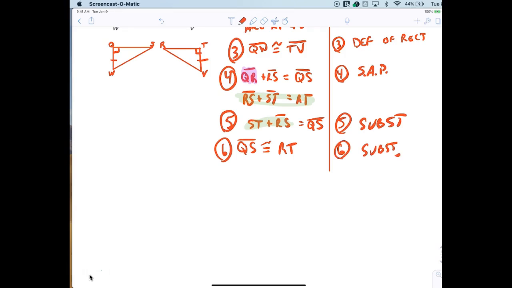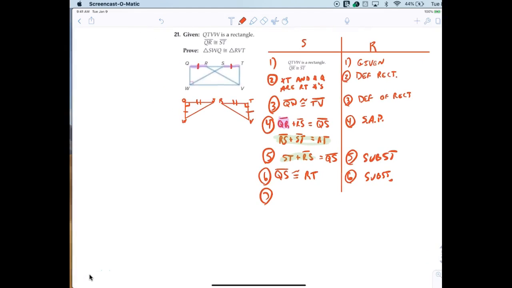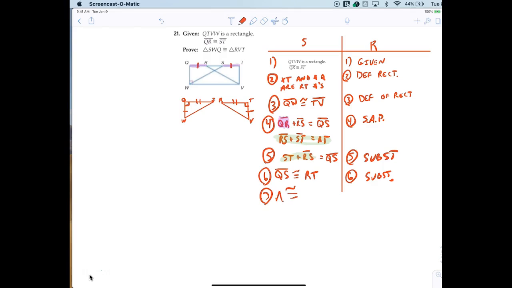Substitution. So now we have this equal to this, and so now what? Triangles are congruent. I'm just going to abbreviate. Triangles are congruent by what? Good job, guys. Side, angle, side.